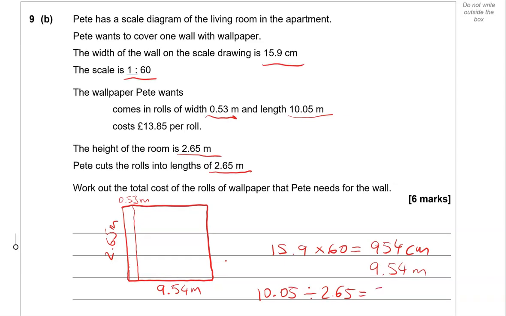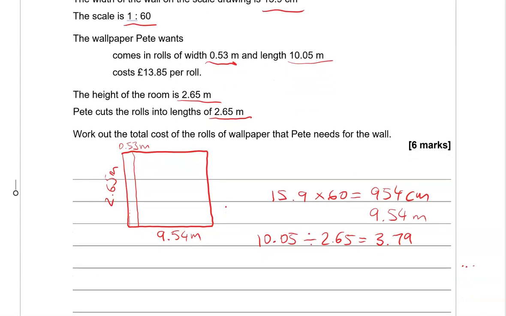And that's about 3.79. So again, we've got to round down because you can't do 4 full ones. So that is 3 of these rows.